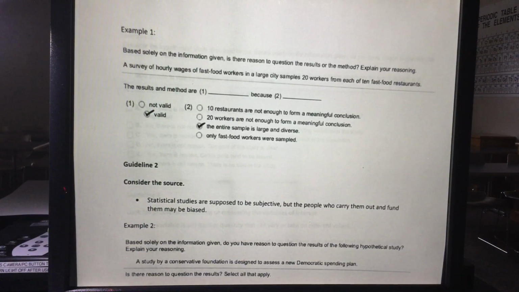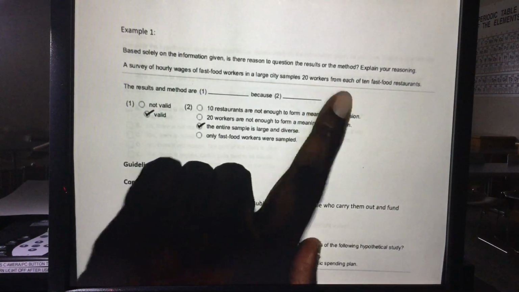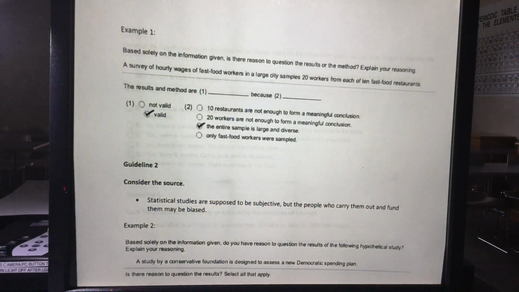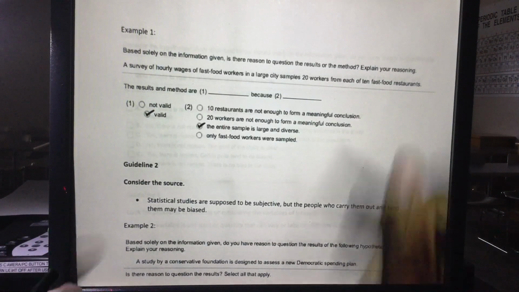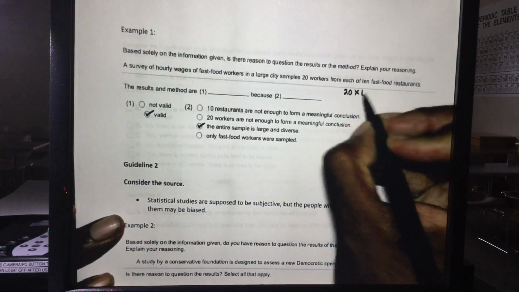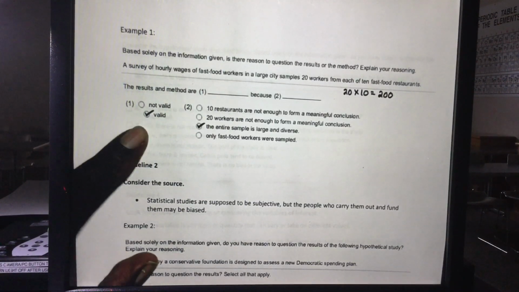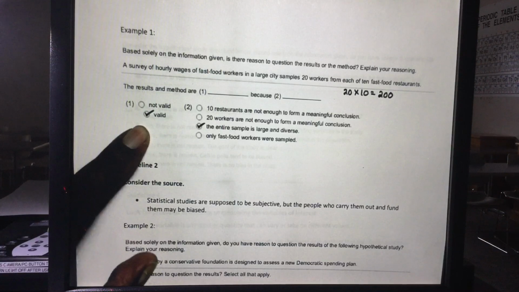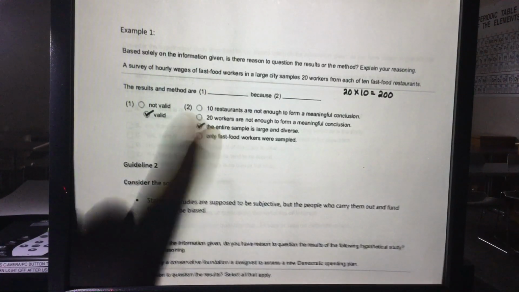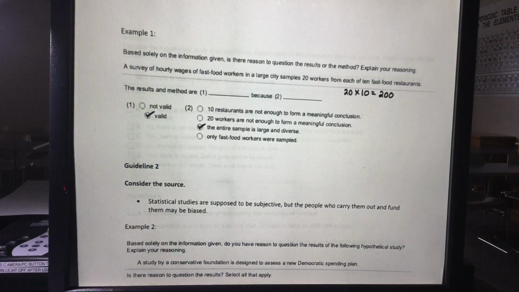Well, in this case, 20 workers each from 10 fast food restaurants, 20 times 10 gives you 200. So you do have a fairly decent sample of 200 people from fast food restaurants. So in this case, it is a valid study, and that's because the entire sample is large and it is diverse.